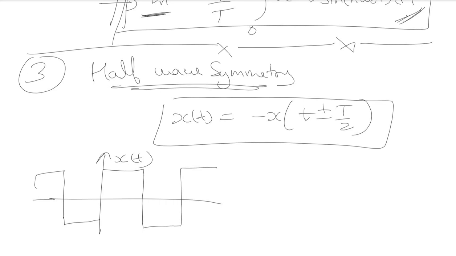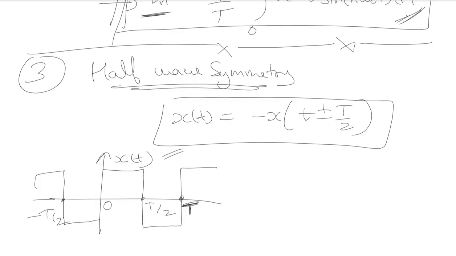So this is a half wave symmetrical waveform. You can see it's neither even nor odd. It is neither symmetrical around the vertical axis, nor symmetrical around the origin. Rather, let's say capital T is the time period, this is 0 and this is capital T, this is T by 2, this is again T by 2, minus T by 2.